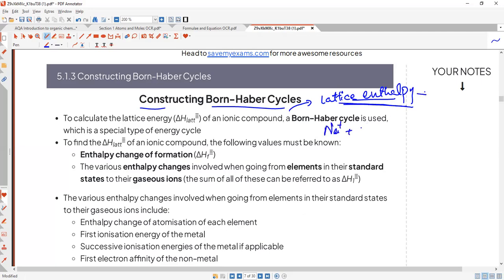Let's say for sodium chloride, we cannot find it directly. So for this one, we use an alternative route to find the lattice enthalpy of this reaction, because it involves a number of steps. First of all, we will atomize the sodium and atomize the chlorine. Then there will be ionization energy, then electron affinity.